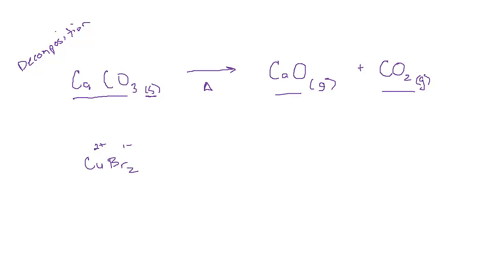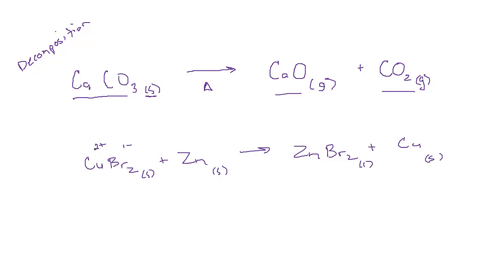So we react that with zinc, which is also a solid. So this is a solid, this is a solid, and we heat this up, and the zinc replaces the copper, and we get zinc bromide plus copper metal released. So you're probably saying, why would I do something like this? Well, you're trying to purify copper.